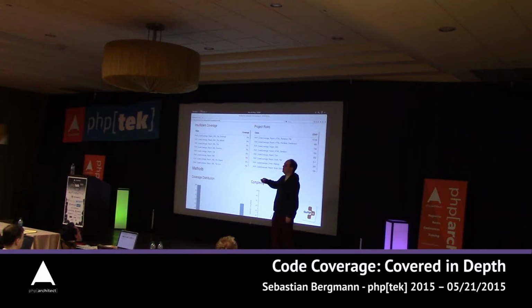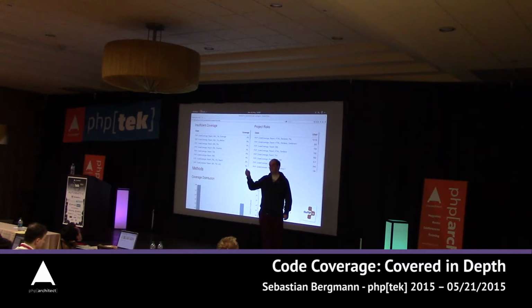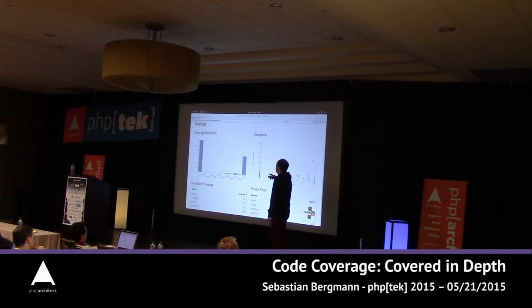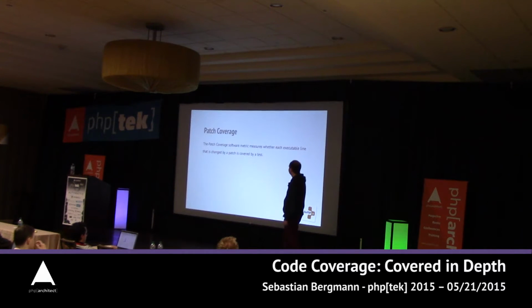And they look here to see, okay, this is a very important class that is very risky to change at the moment because it's too complex, so I need to work on that either by refactoring it to make it less complex or by adding more tests to it to lower the crap index and to reduce risks in the project. And the same kind of data, not just on the class level, but also on the method level.